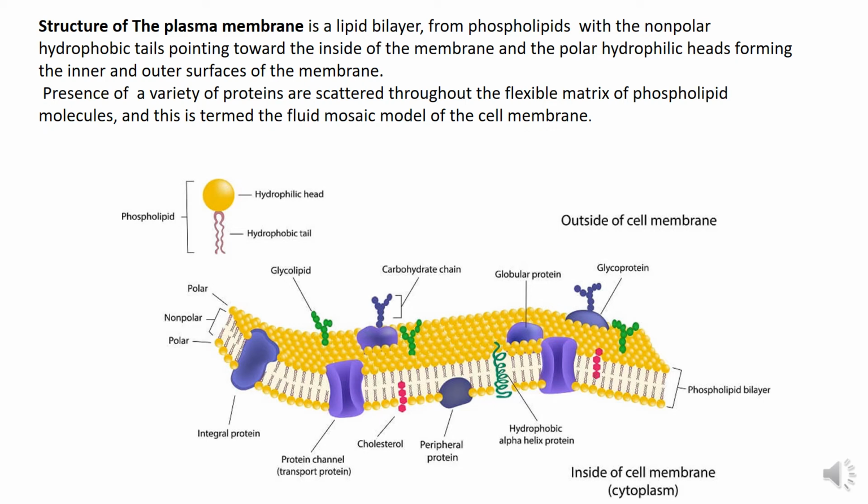This is the hydrophilic head. The presence of a variety of proteins scattered throughout the flexible matrix of phospholipid molecules is termed the fluid mosaic model of the cell membrane. This is called the fluid mosaic model of the cell membrane.